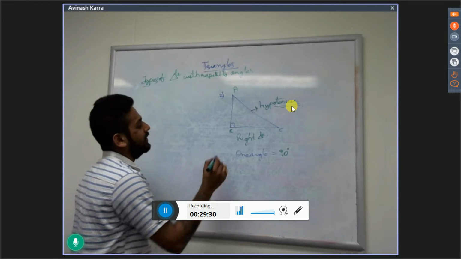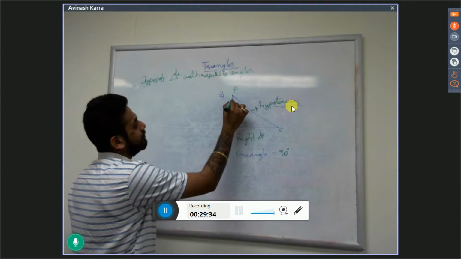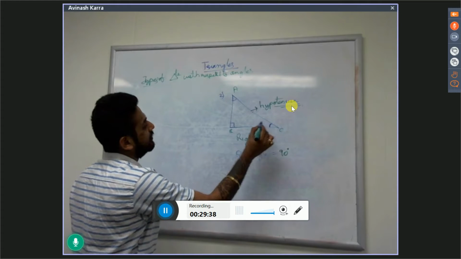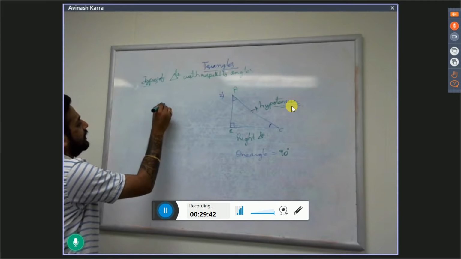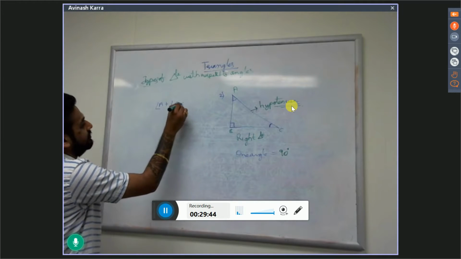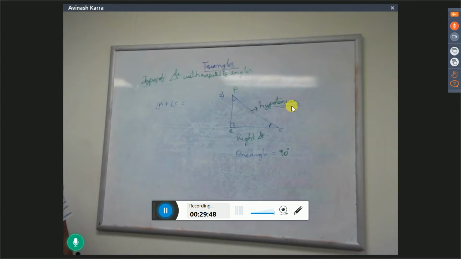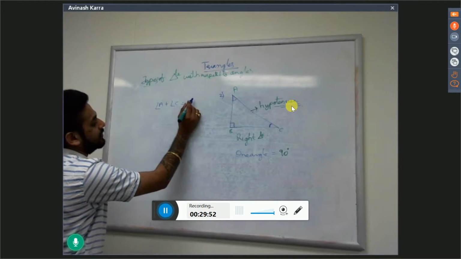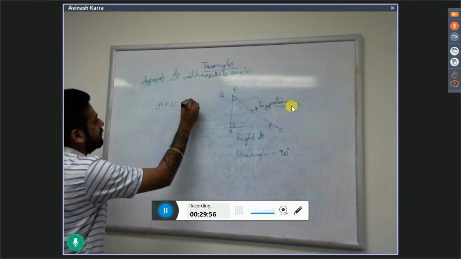In a right angle triangle, if one angle is 90 degrees, what will be the sum of the other two angles? Angle A plus angle C is equal to... 90. Perfect.